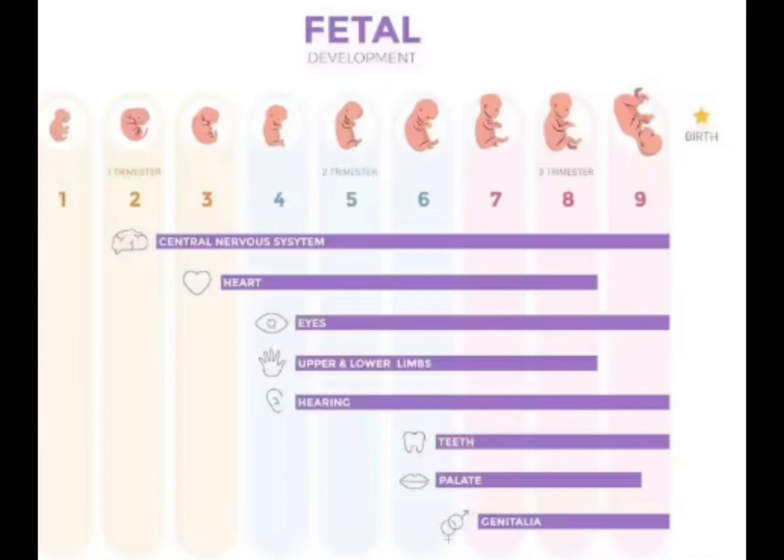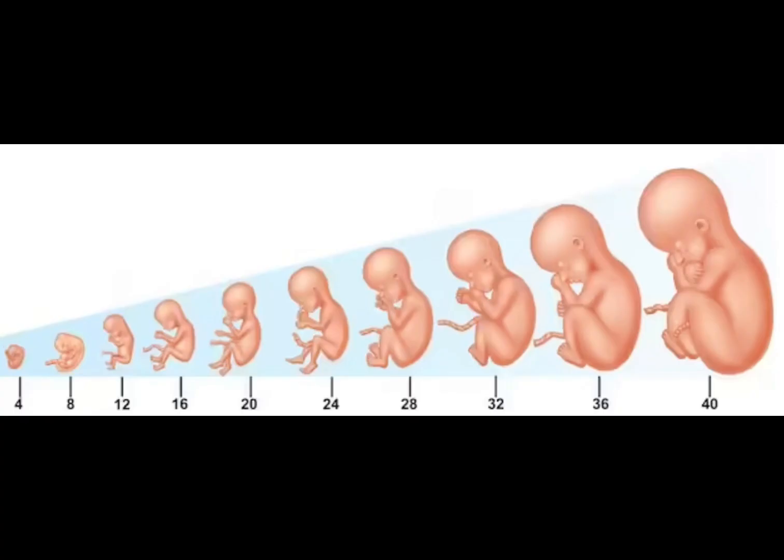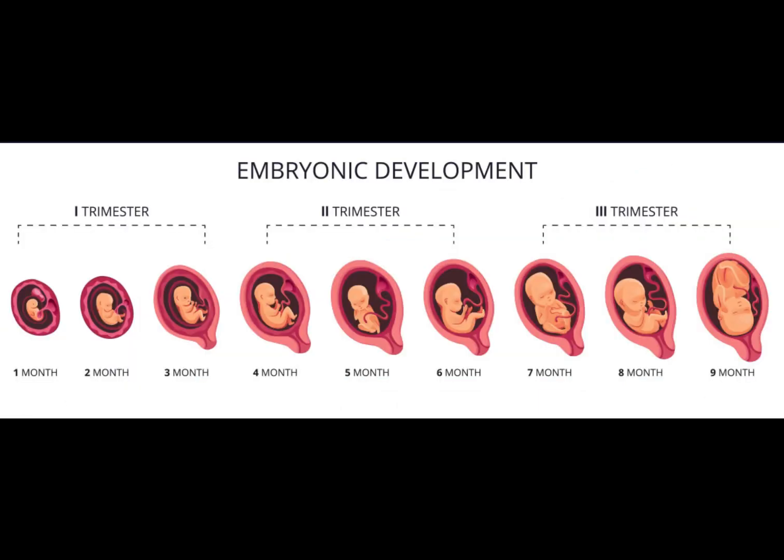Within 24 hours after fertilization, the egg that will become your baby rapidly divides into many cells. By the 9th week of pregnancy, the embryo develops into a fetus.